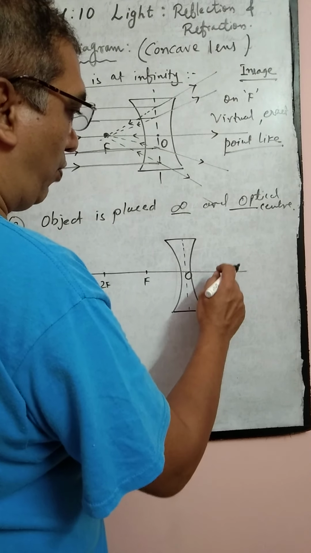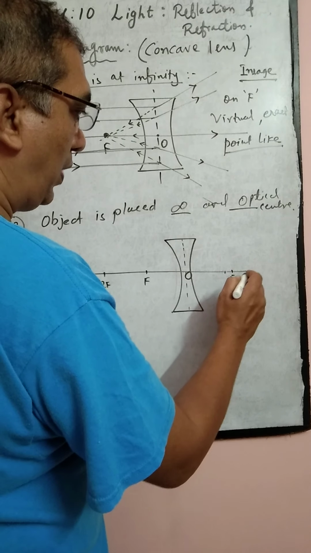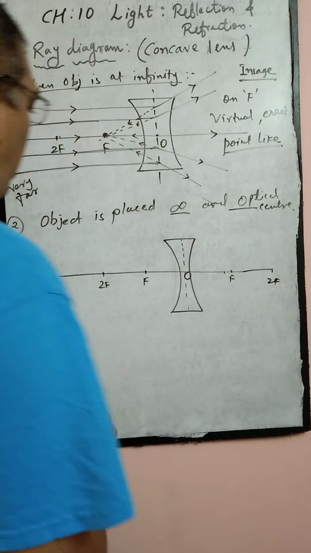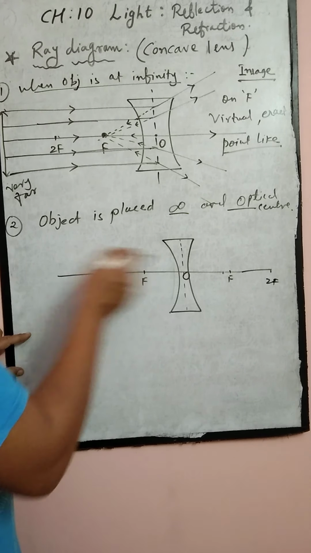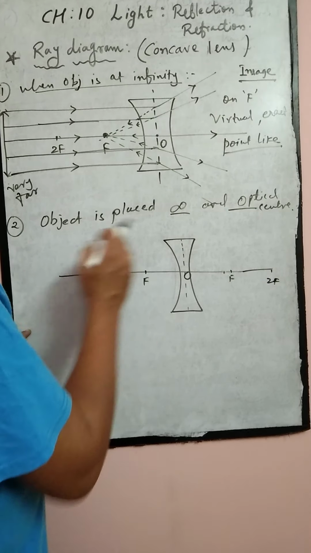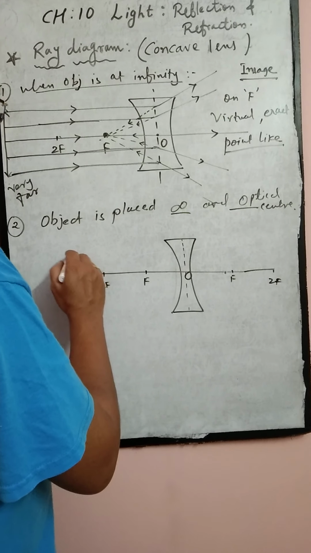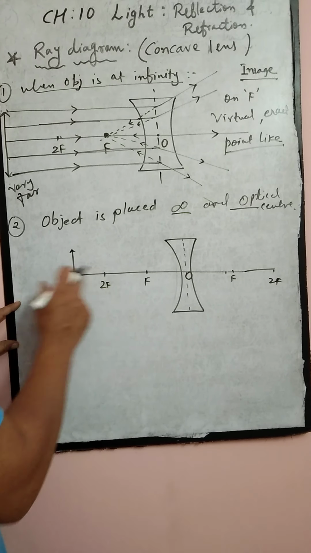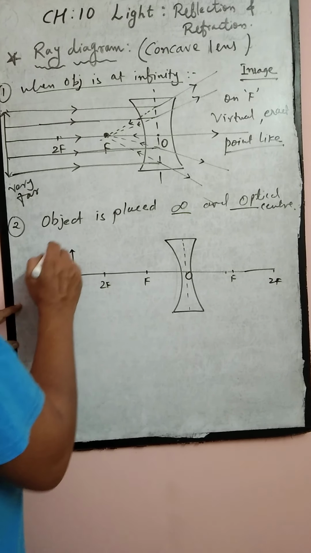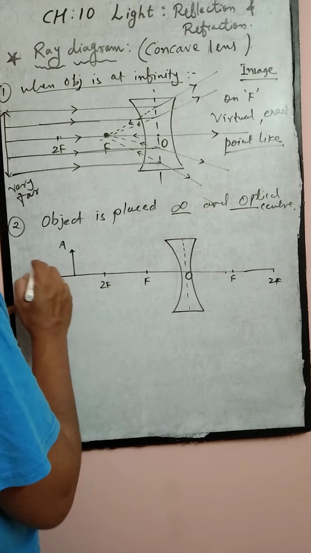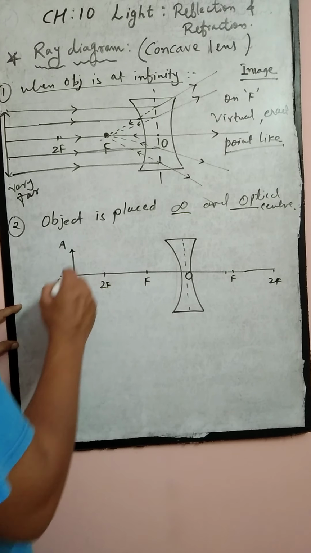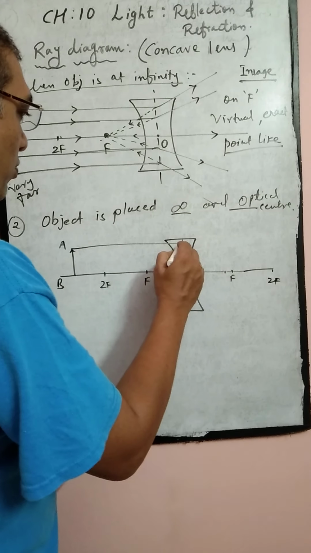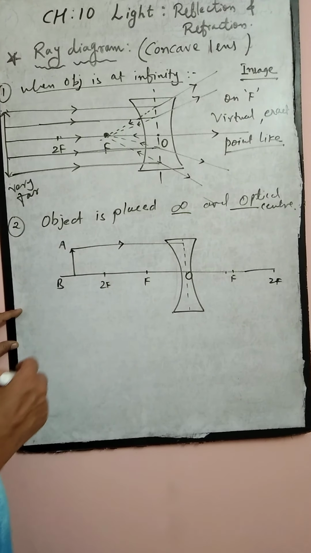Here also you can mark F and 2F for simplicity. Now if the object is placed anywhere between infinity and the optical center, let us consider it near 2F, a little beyond 2F. Let's say the object is AB, placed beyond 2F. Where is the image formed? For that we need a minimum of 2 rays.